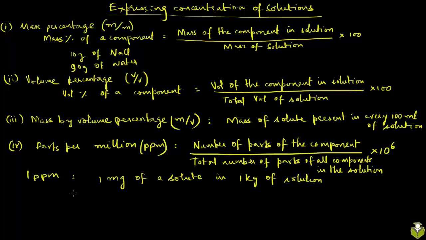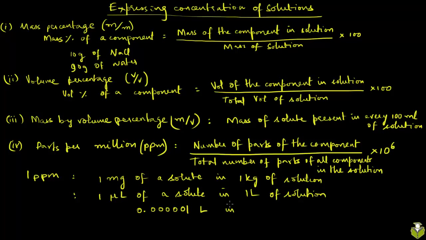Or it can be 1 microliter of a solute in 1 liter of solution. You could actually write this as 0.000001 liters in 1 liter, or 0.001 milliliters in 1 liter of solution.